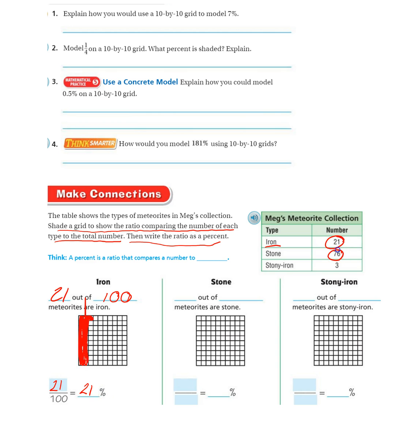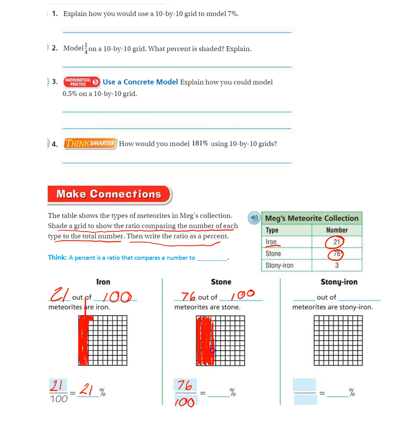Okay, stone is 76 out of 100. So as a fraction, that would be 76 out of 100. I need to shade 76, so that's going to be 7 columns, because each column is 10. So 10. Second column makes 20. Third column makes 30.